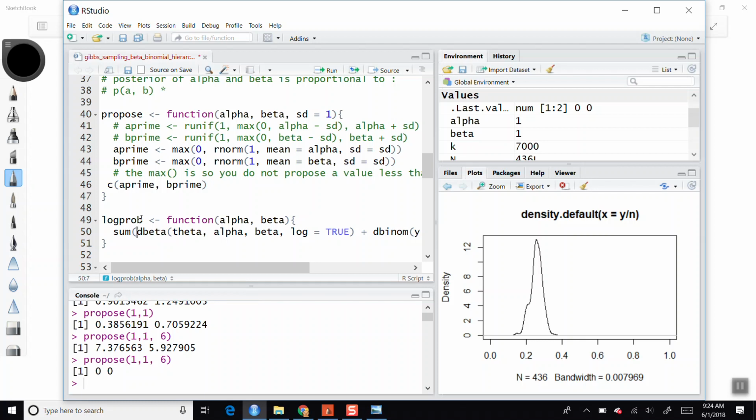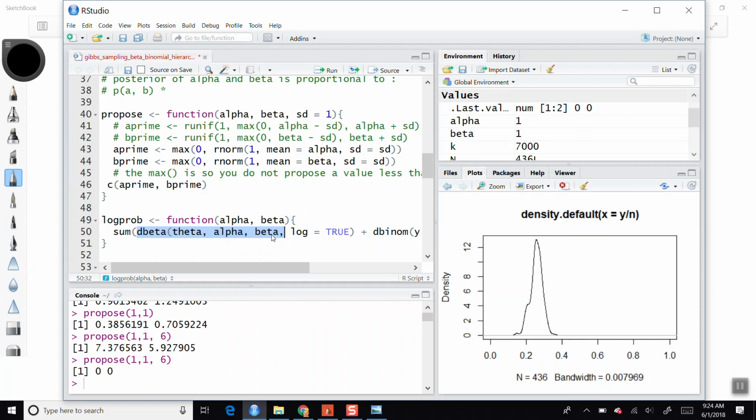The probability, again, is going to be the product of all of my theta values drawn from the beta distribution. So that's this part. The beta distribution: what's the probability of theta given alpha and beta? Normally I would just have a product of this, but if you multiply the product of 436 values that are all smaller than 1, you're going to get an underflow error.